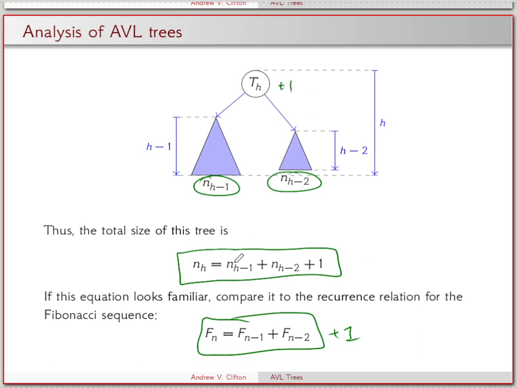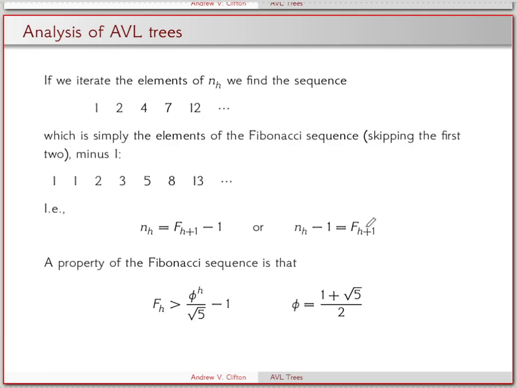So if we work out this relation and line it up against the Fibonacci sequence, we see that 1 is just 2 minus 1, 2 is 3 minus 1, 4 is 5 minus 1, 7 is 8 minus 1. So the elements of our n sub h are just the Fibonacci elements minus 1.